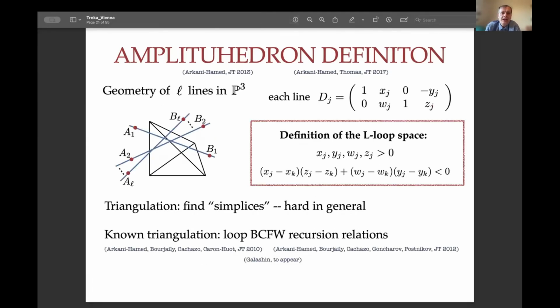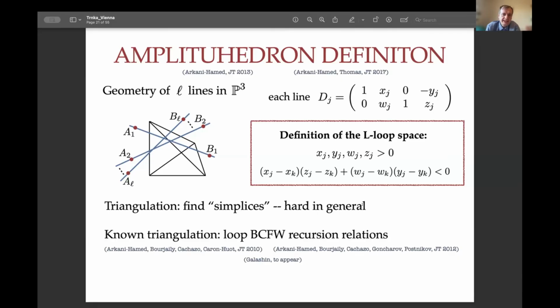Now, if we have L lines, then each line is parameterized by 4 parameters. In addition to these 4 parameters for each line being positive, there are these quadratic inequalities, which have this form in terms of the parameters. And we have a lot of them because we have L choose 2 at L loops, between any 2 pairs.